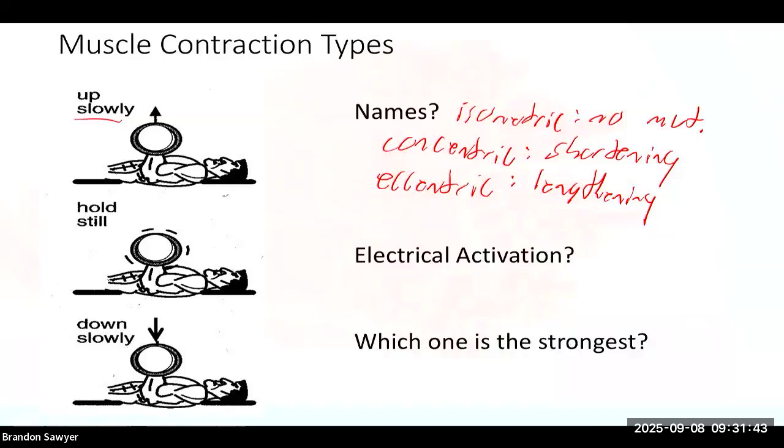Actually, don't answer it yet. The middle one is isometric. Sorry, now I'm giving it away. Middle one's holding still, and the third one is all they have to do is lower it down. Just check with each other real quick on the first one and the third one, since I already gave away the second one. Just match those up with the type of contraction they are.